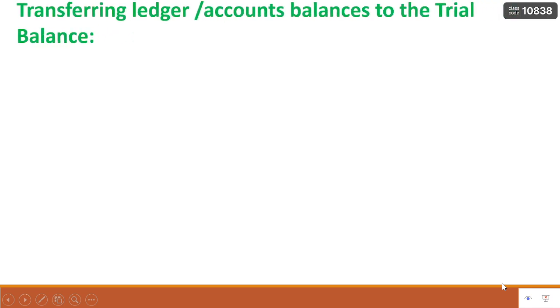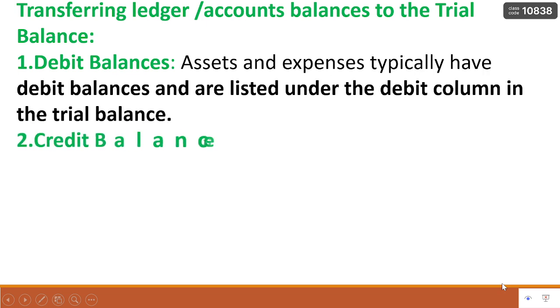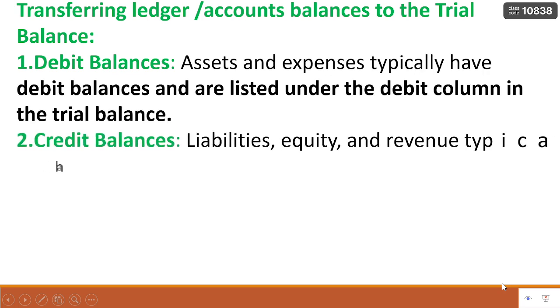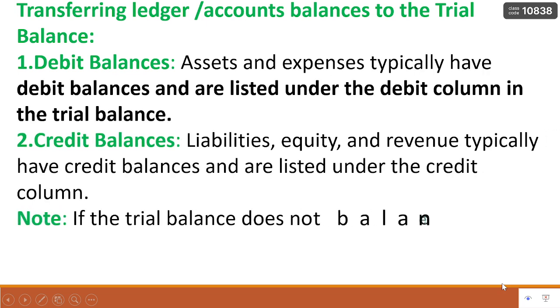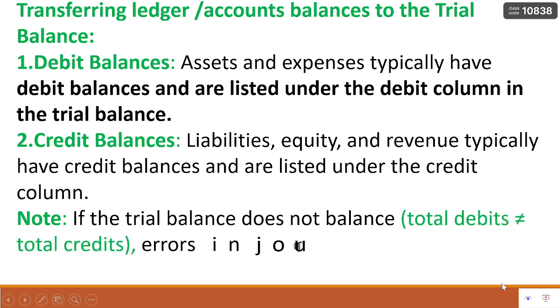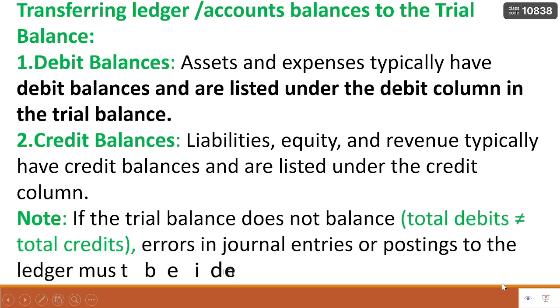Transferring ledger or account balances to the trial balance. Of course, we have the debit balances and the credit balances. Assets and expenses typically have debit balances and are listed under the debit column in the trial balance. All asset and expense accounts will have debit balances.